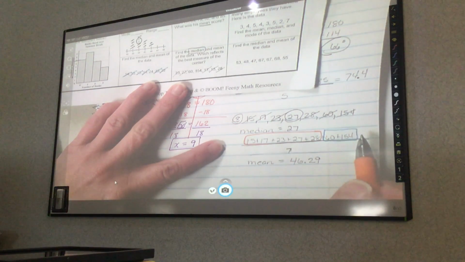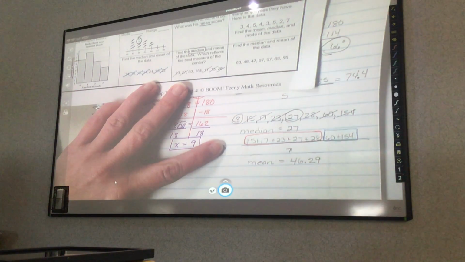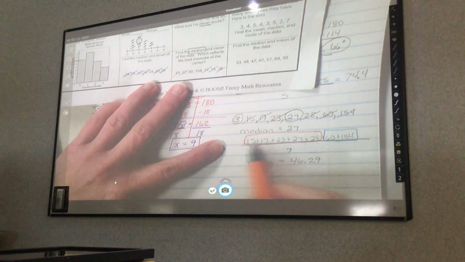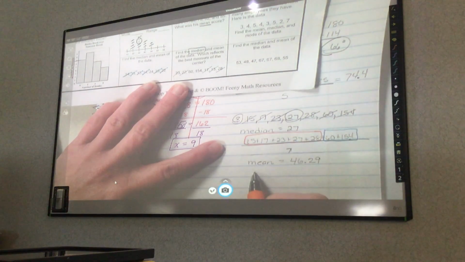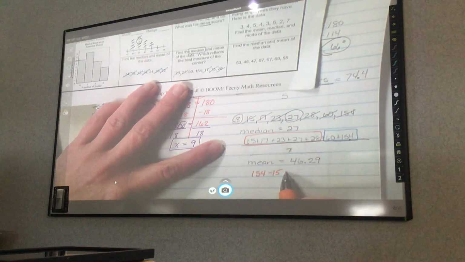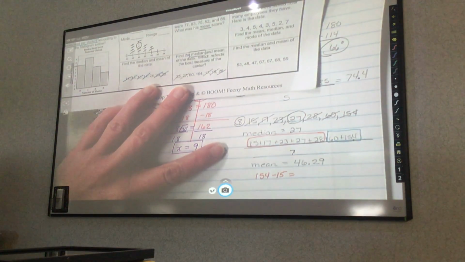So if I was trying to figure out what it's trying to say is the best measure of center, center would be like the center between 15 and 154. Does that make sense? So center, if I take 154 minus 15, better do that on my calculator.